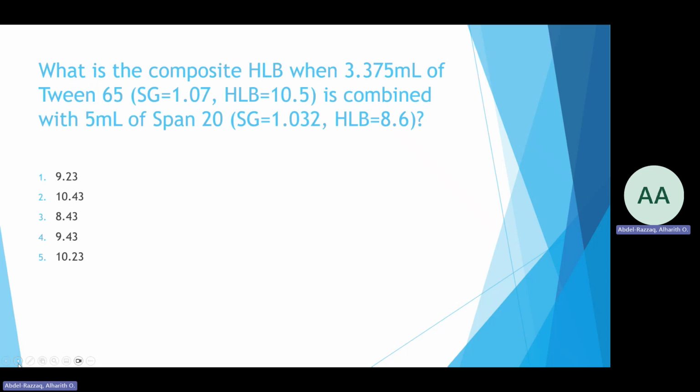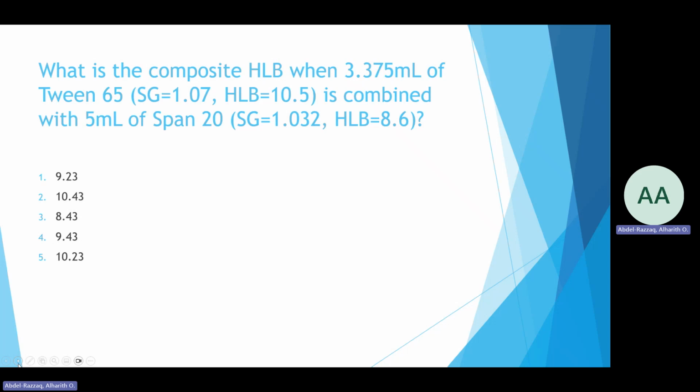The next one, I'll give you guys a little bit more time because it's a calculation. So what is the composite HLB when 3.375 milliliters of Tween 65, also known as polyoxyethylene sorbitan tristearate, is combined with 5 milliliters of Span 20, which is sorbitan monolaurate?